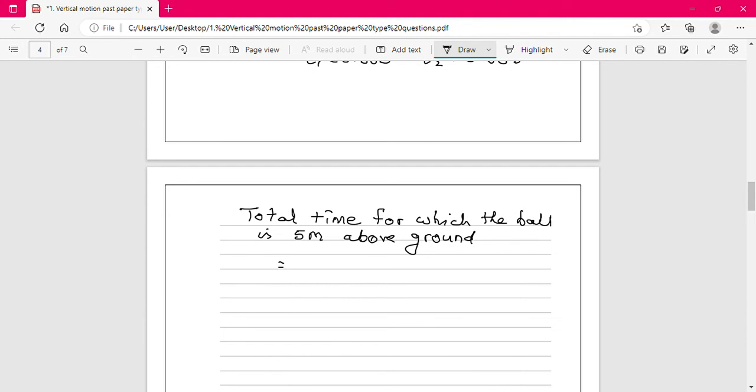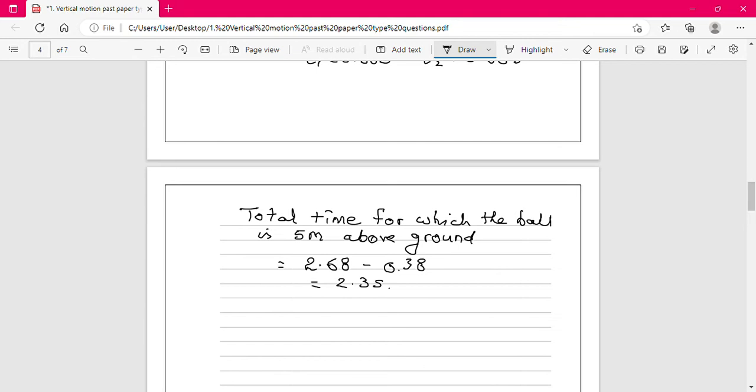So it will be 2.68 minus 0.38. So 2.3 seconds.